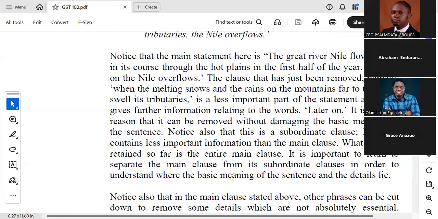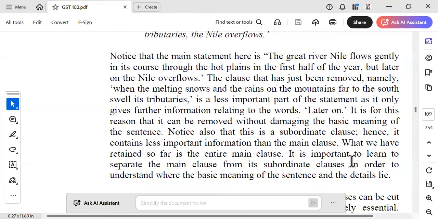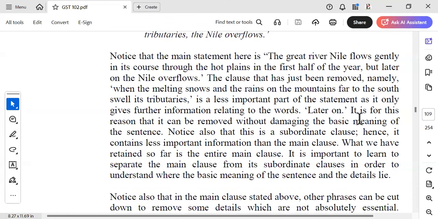You guys can mute now. Later on, it is for this reason that it can be removed without damaging the basic meaning of the sentence.